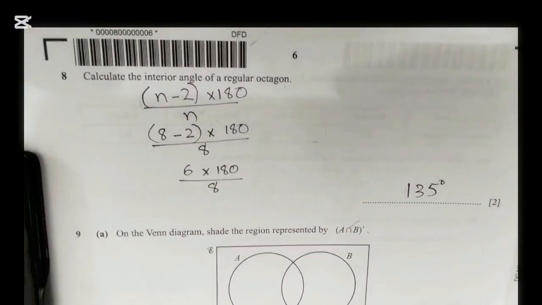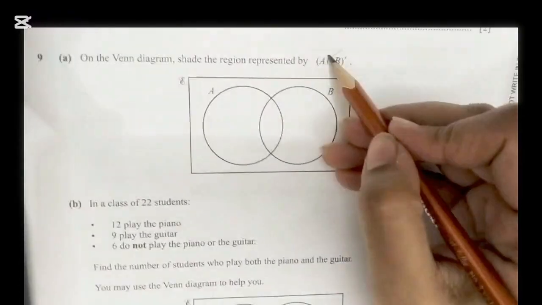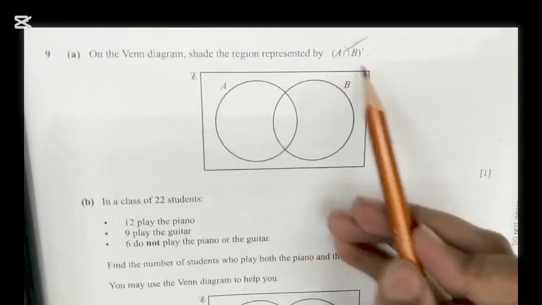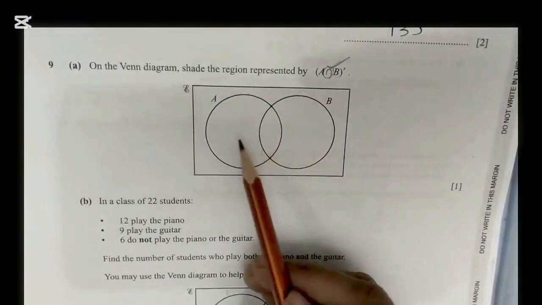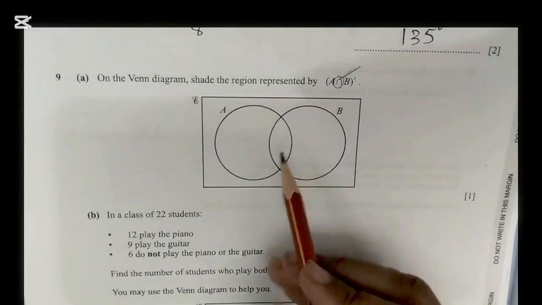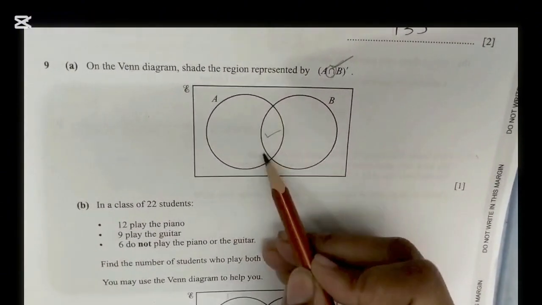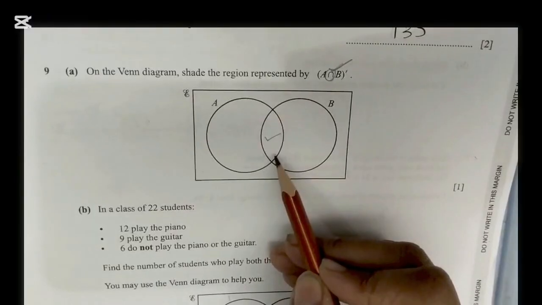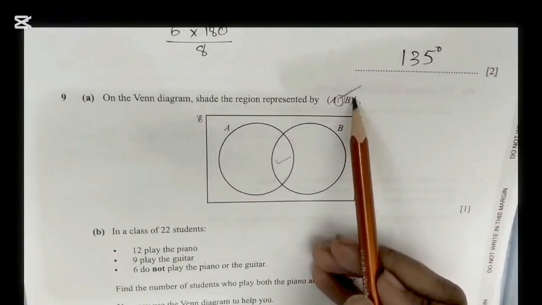Okay, on a Venn diagram, shade the region represented by (A intersection B) whole complement. You know this is intersection, and what is the meaning of intersection? It means the area that is common in both A and B. So this part we can call the intersection. And what we have to do is the whole complement.